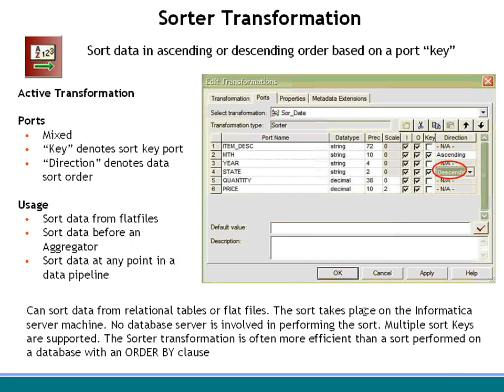Use a sorter in Informatica. You have to take into consideration the volume of data and how many keys on which you are sorting. Basically, what happens in databases when you try to sort is that the indexing is not done on the order by fields which you are using.